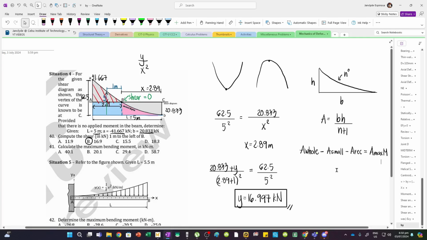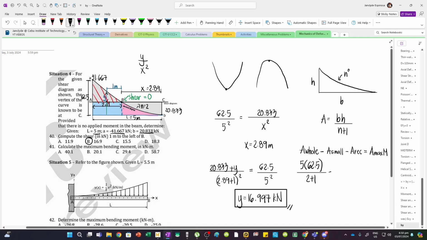Now for the whole spandrel, we have a base of 5, so 5 multiplied by h. Our h for the whole spandrel is 62.5. And then we're going to divide this by the degree of curve, which is the second degree, so meaning n equals 2, so we have 2 plus 1.